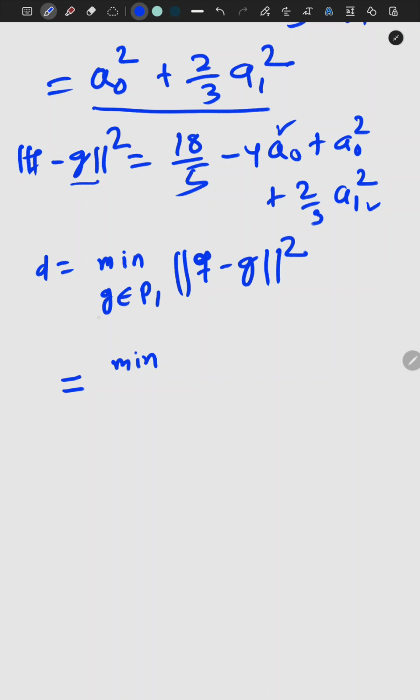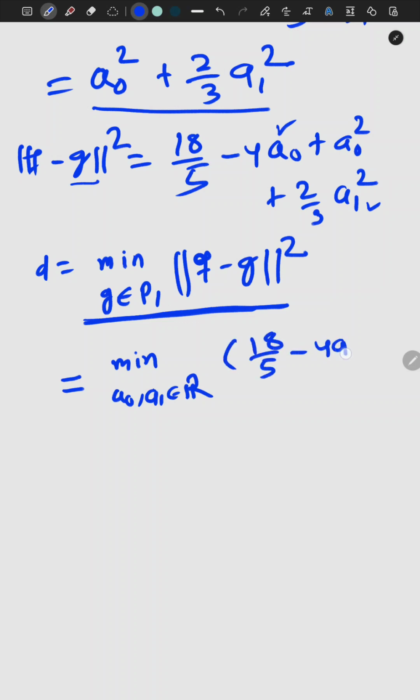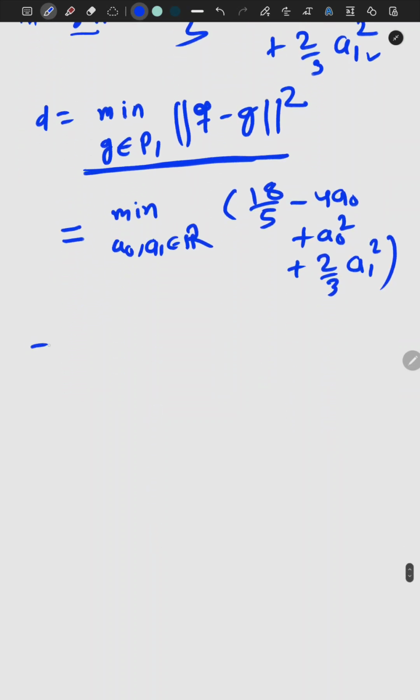So we can write this in an equivalent form: the minimum over a0 comma a1 belonging to R, varying in real numbers, of 18 by 5 minus 4 a0 plus a0 square plus 2 by 3 a1 square.